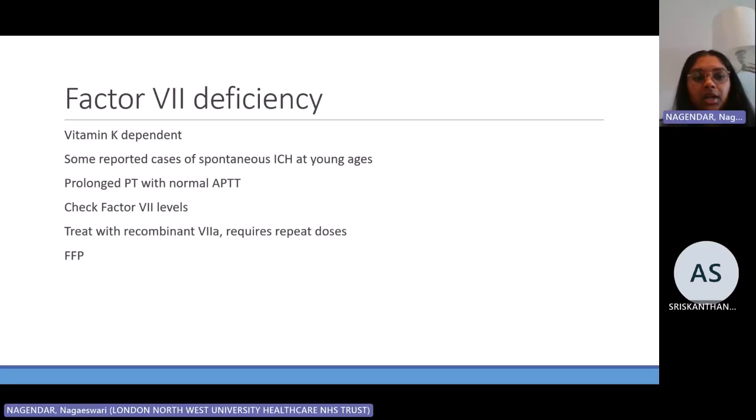And again, you're looking to check the factor levels in the blood directly, rather than just relying on the abnormal clotting results. Again, you'll be looking to treat with recombinant factor 7A, and this requires repeat doses. FFP contains all the coagulation factors, which is also useful. And just to note, recombinant factor 7A has quite a short half-life, which is why you give repeat doses.